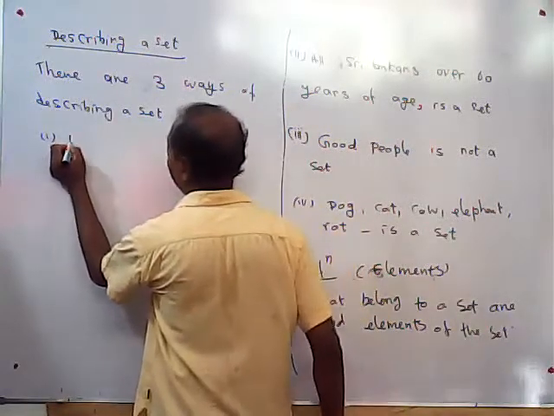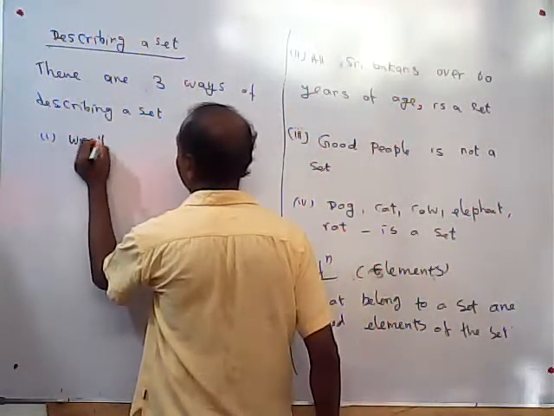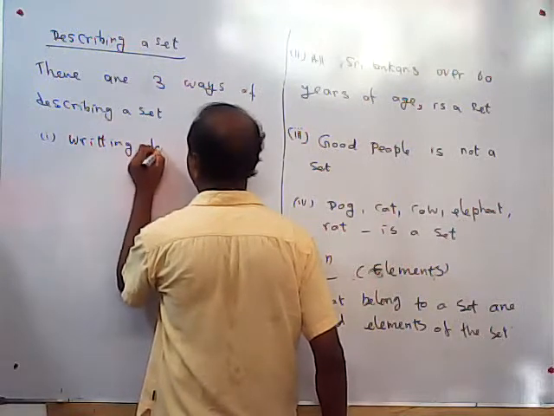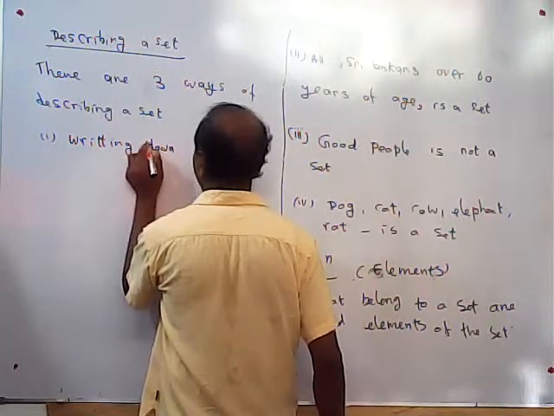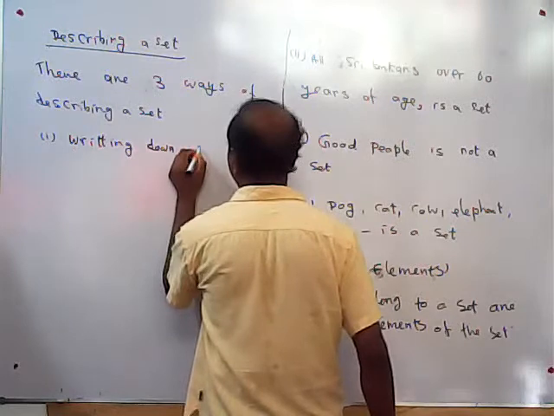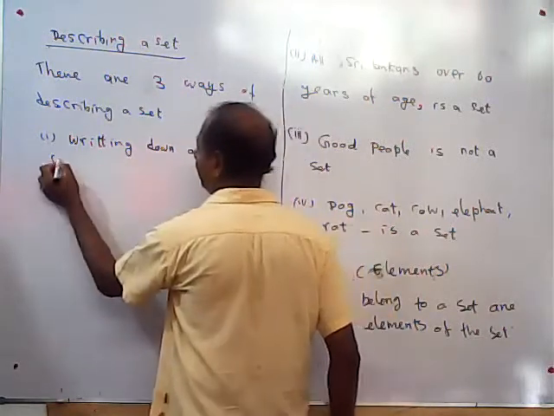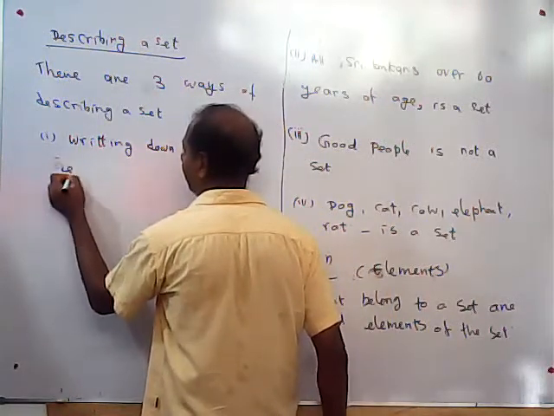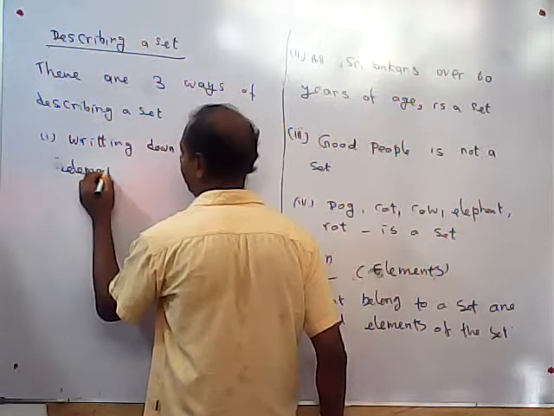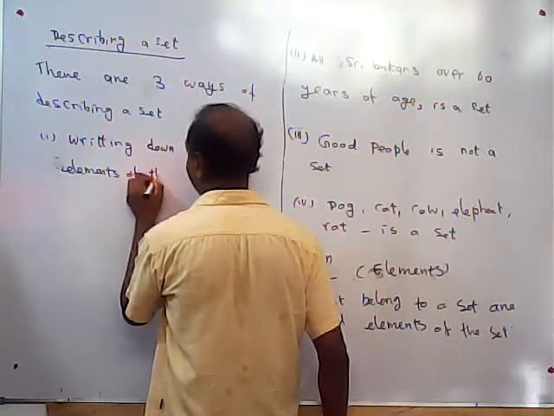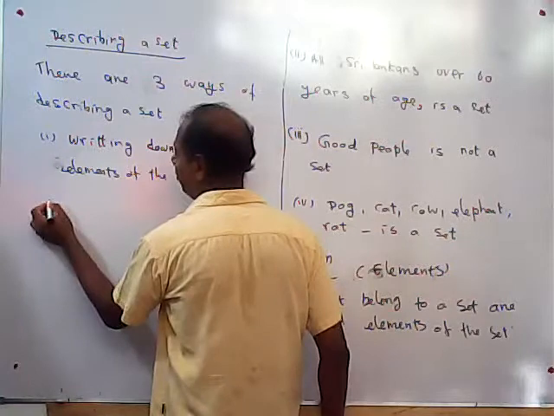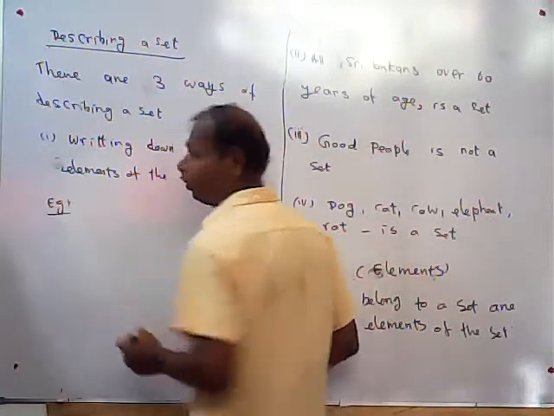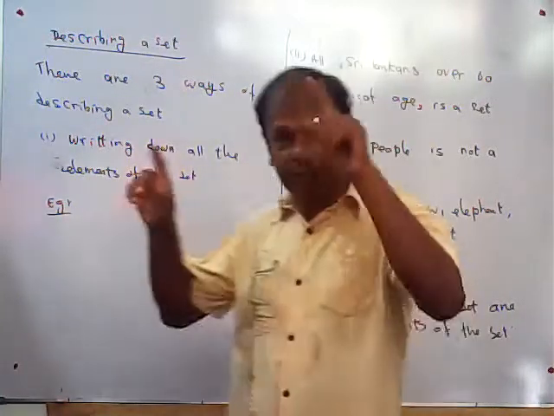Number one, writing down all the elements of the set. Example, writing down within curly brackets, right?